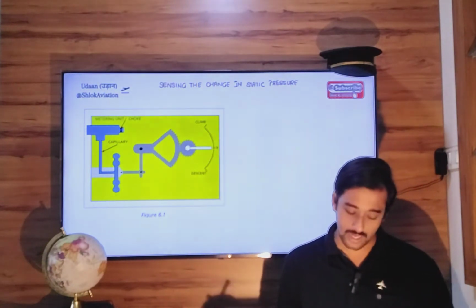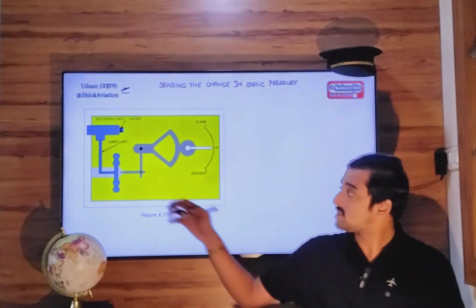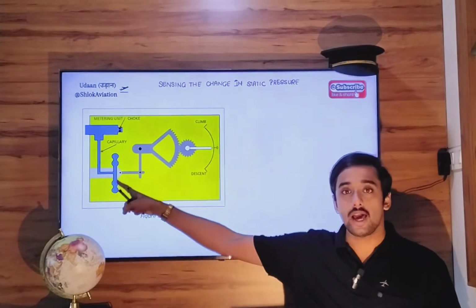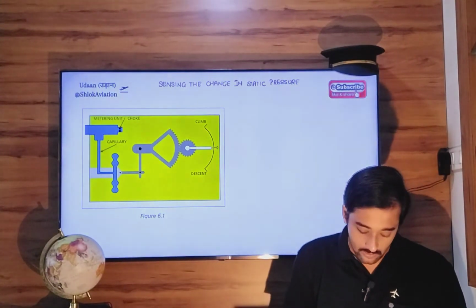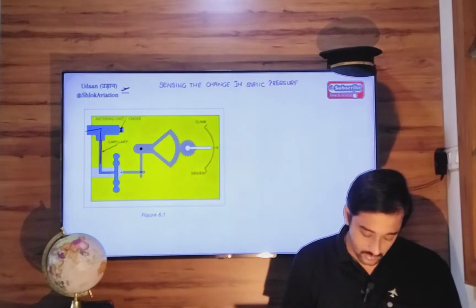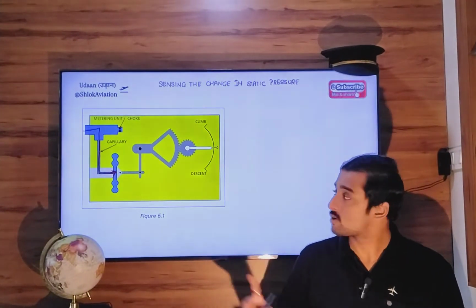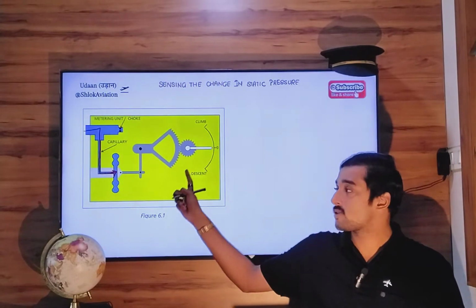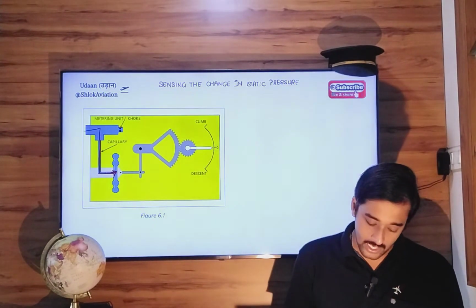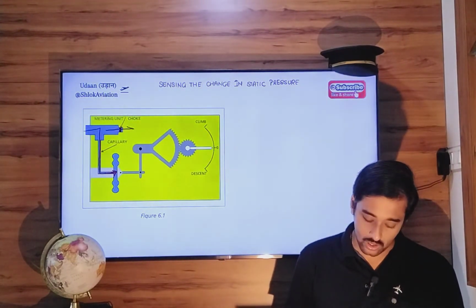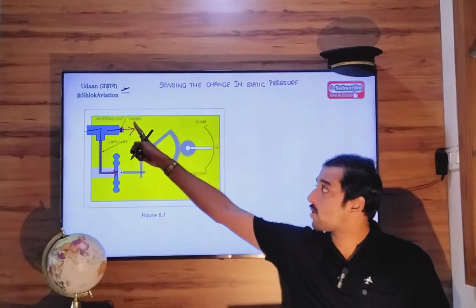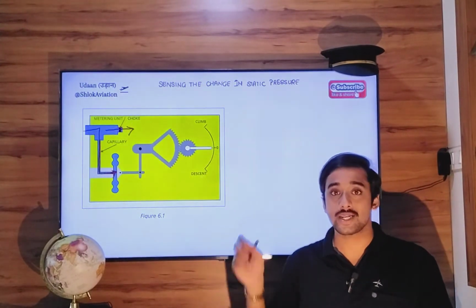Next. Now static pressure is fed to this aneroid capsule directly from the static source. Static pressure is also fed to the back of the instrument via this choke, this metering unit, but at a restricted rate.